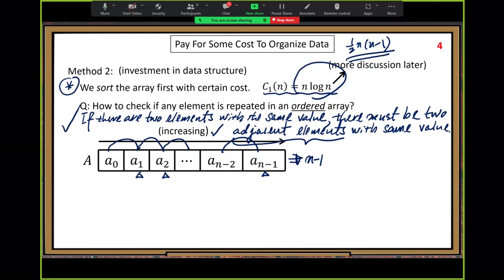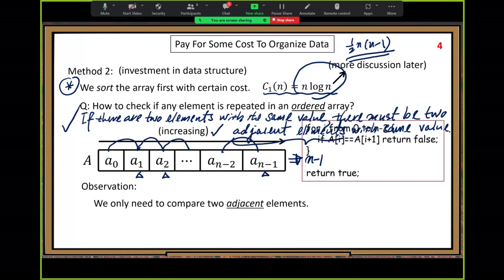So you can see after the sorting, after we put some investment in data organization, we can reduce the work from working on global pairs to working on adjacent pairs. That's the main improvement in the second algorithm. Here, you only need to compare two adjacent elements.